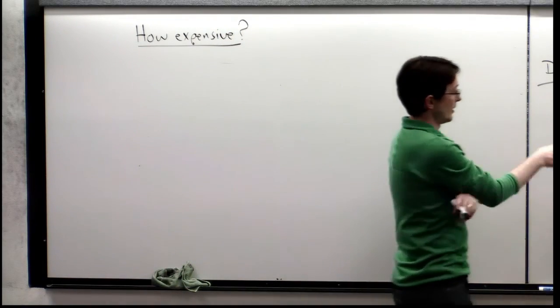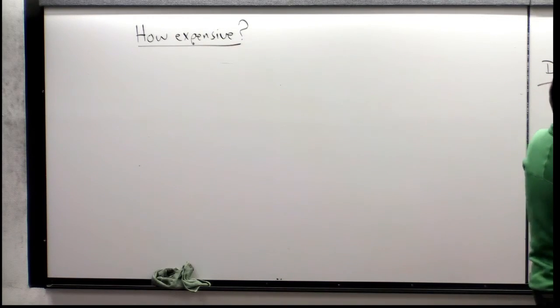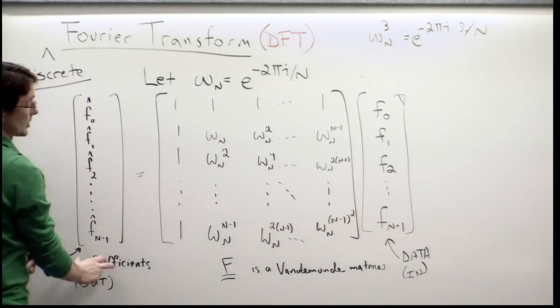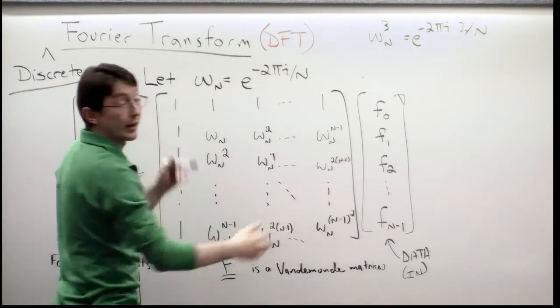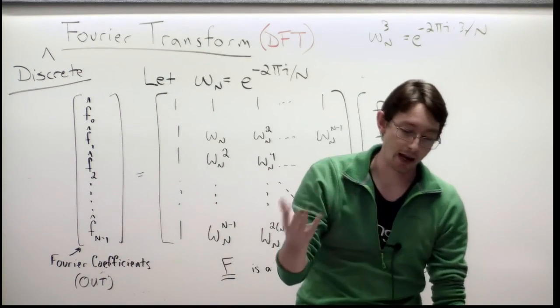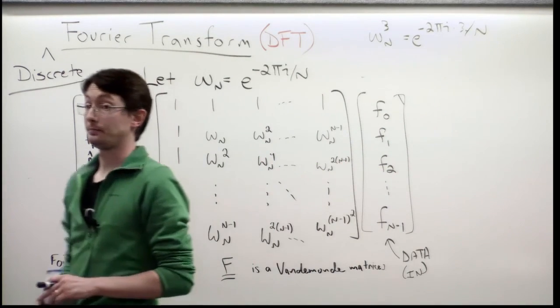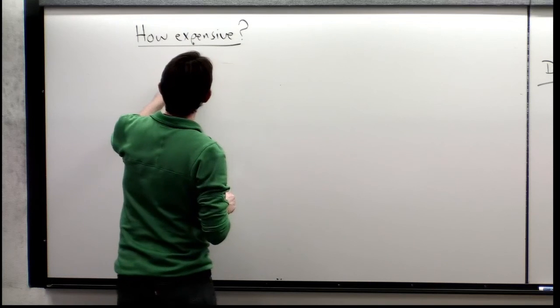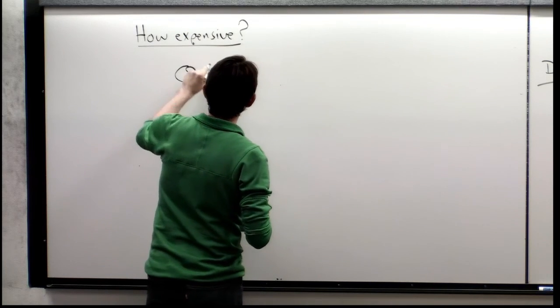Well, on the right board, we see that to go from data to Fourier coefficients, we multiply an n by n matrix. And how expensive is it to multiply an n by n matrix by a vector? Well, it's order n squared. So this is an order n squared operation.